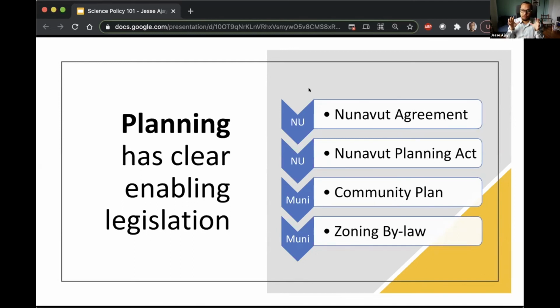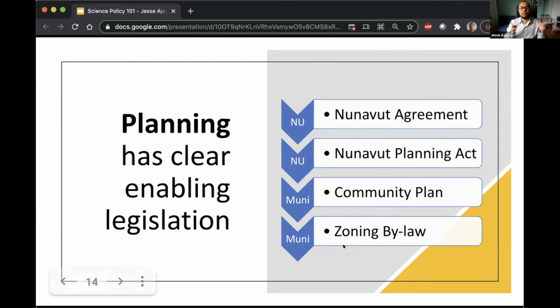Those two local level bylaws are, in the case of Nunavut, the community plan and zoning bylaw. If you're in Ontario, that'll be the general plan and your site plan control. There are different names for it in every jurisdiction.